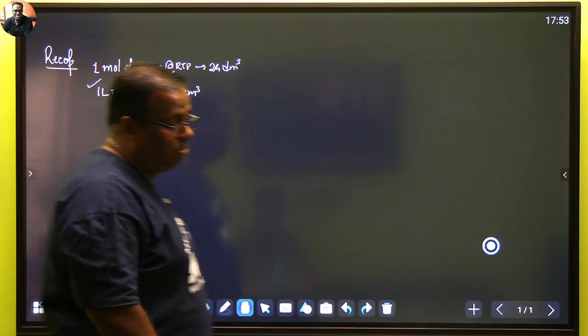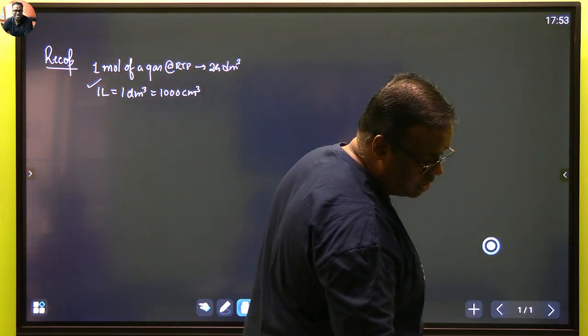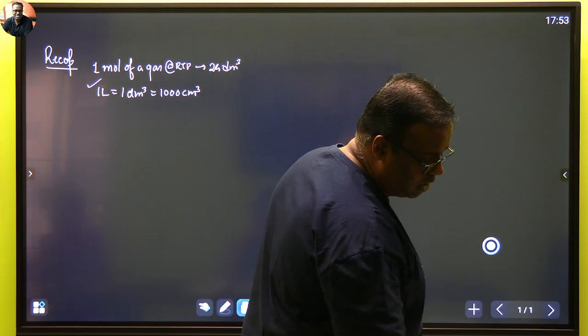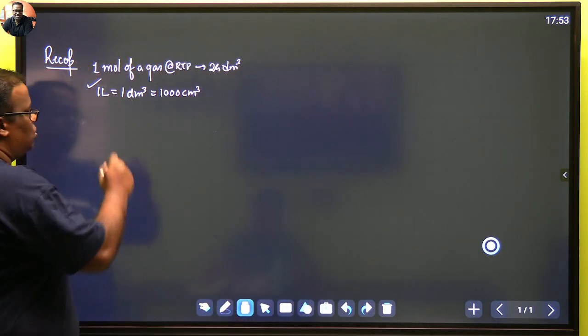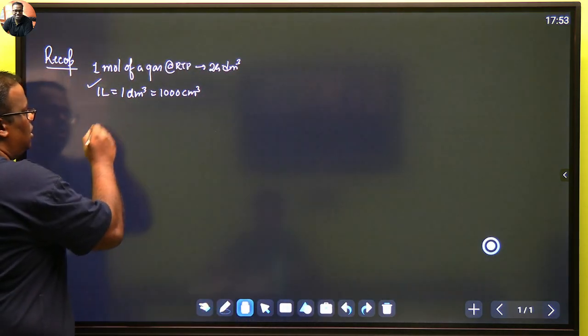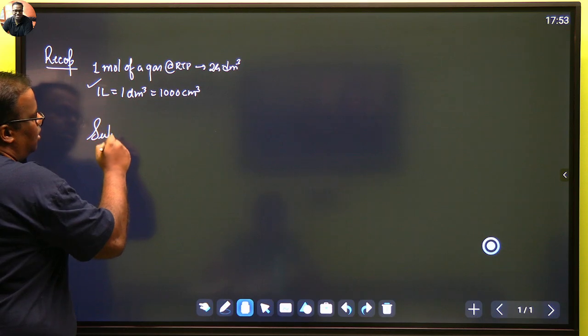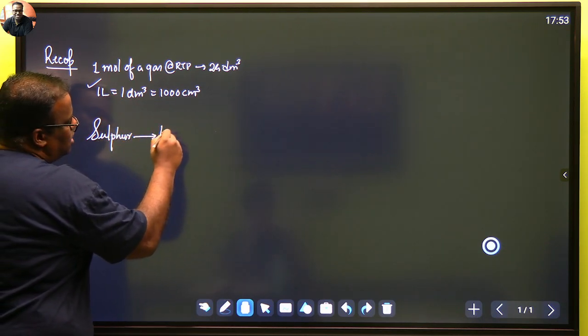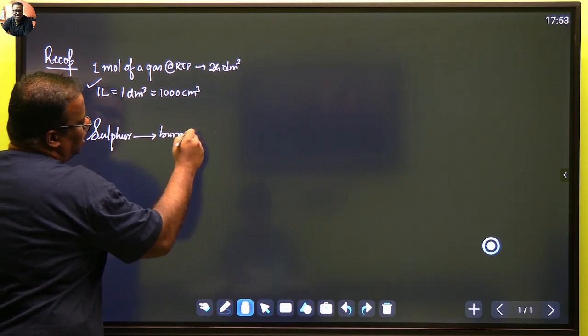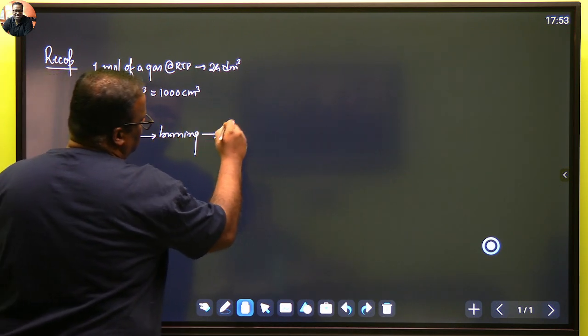So let's take a problem now. The problem is: 8 grams of sulfur are burnt. What is the volume of SO2 produced? So the reaction is about sulfur. You are burning sulfur, so obviously what should be the output?